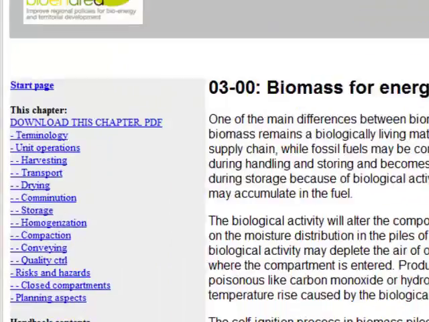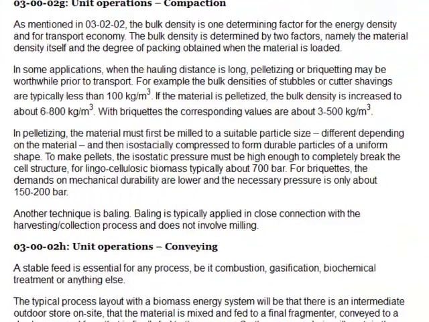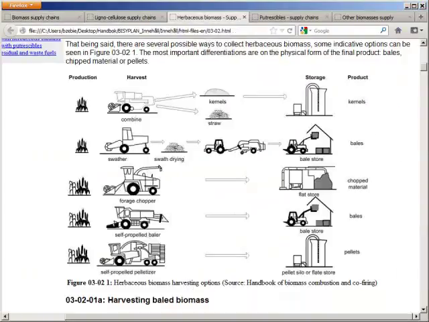So, continuing through the supply chain and the unit operations, we have now arrived at compaction. Now, compaction can either be done as an initial operation, most often in conjunction with harvesting, such as shown in picture 03021, where baling and pelletizing may both be performed in the field at the same time when herbaceous biomass is harvested.